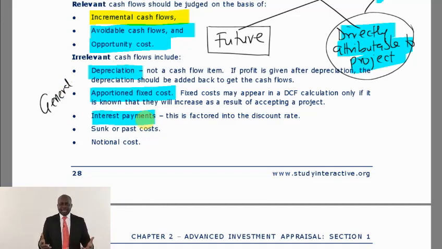There's an argument in here, so let me try and clear it for you. We all said that the relevant cash flow should be the cash flows that are incurred as a direct consequence of undertaking the project. If I have to finance that particular project and I go in for a loan, I would have to pay interest. So that interest is incurred as a direct consequence of that particular project.